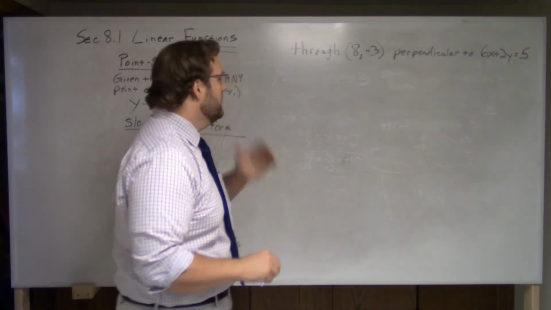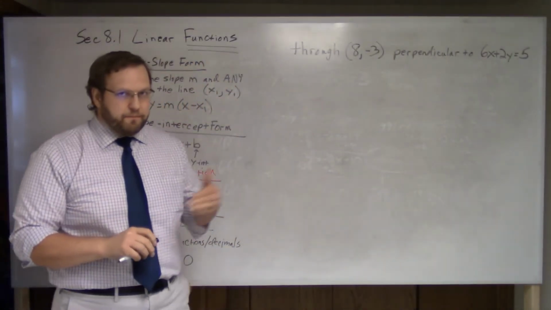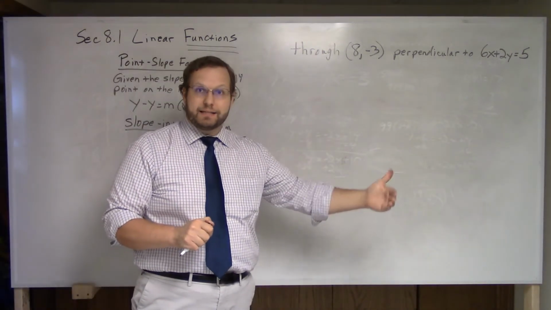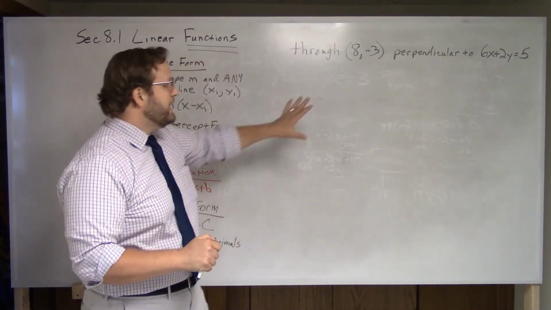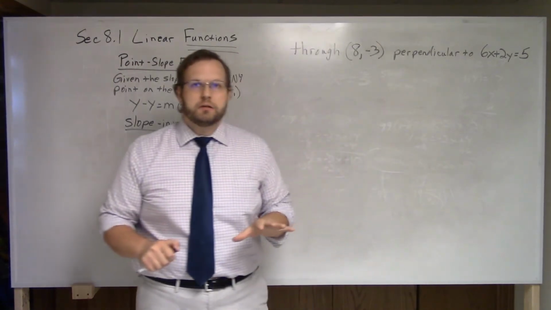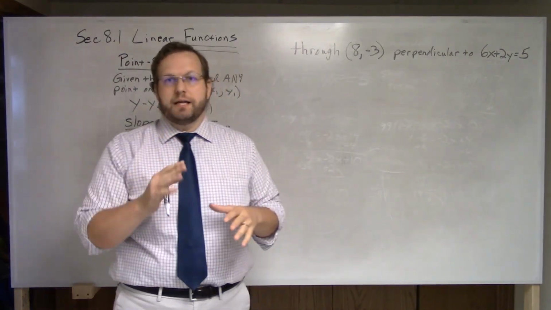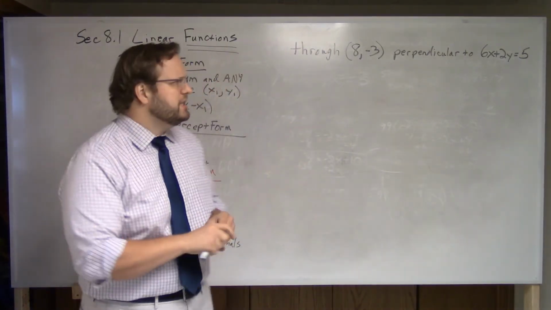Now this takes it a little step further from what you would have seen back in section 3.5. When we have these parallel and perpendicular problems, they always had vertical or horizontal lines. Here we don't. So let's see how this is going to play out.